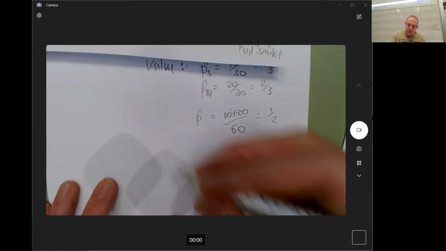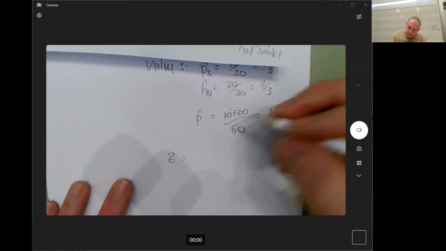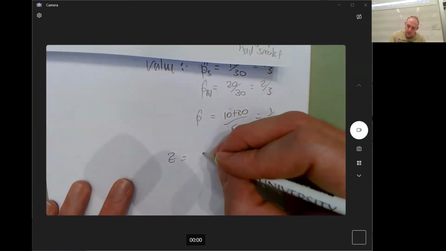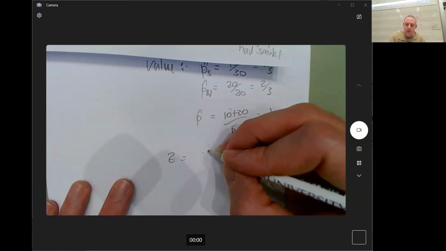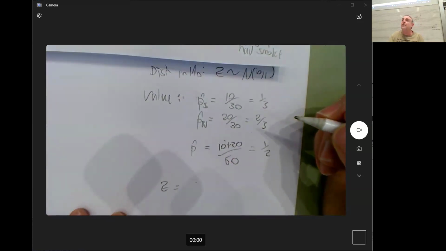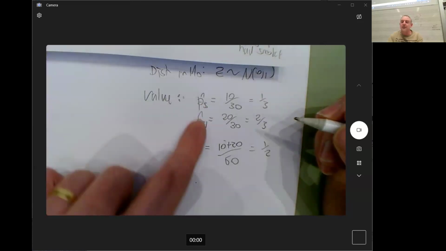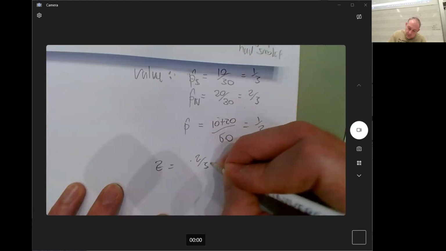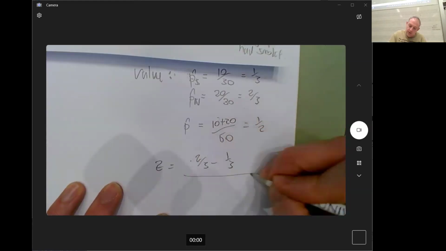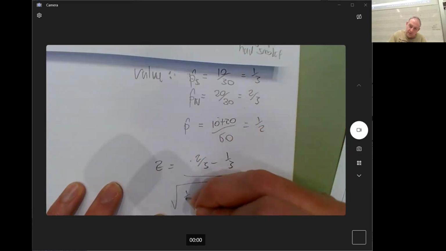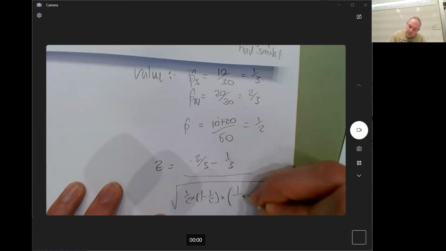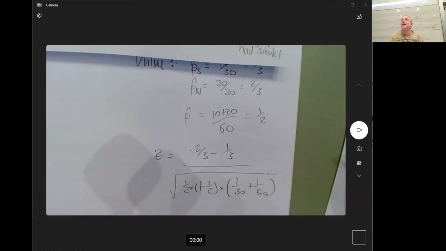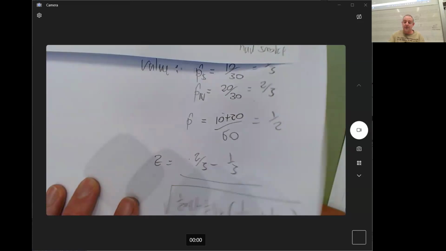And so therefore my Z is, I'll do the N minus the S because that's easier. So 2/3 minus 1/3 over the square root of a half times 1 minus a half times 1 over 30 plus 1 over 30.